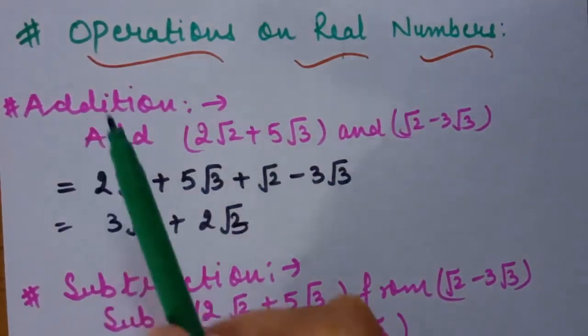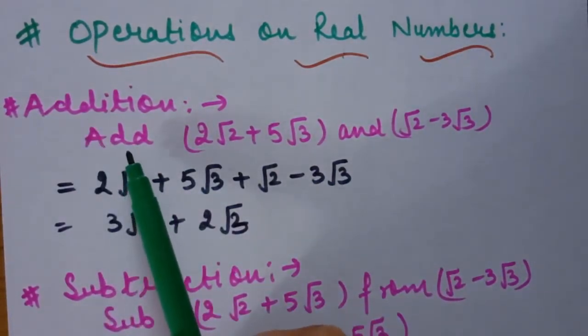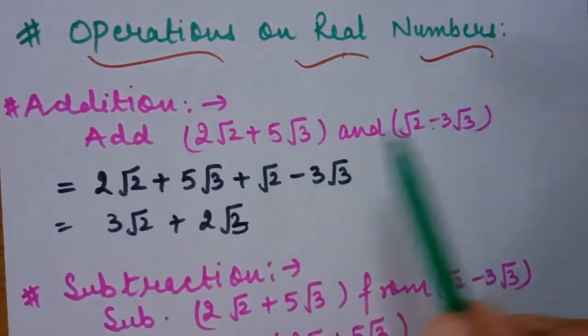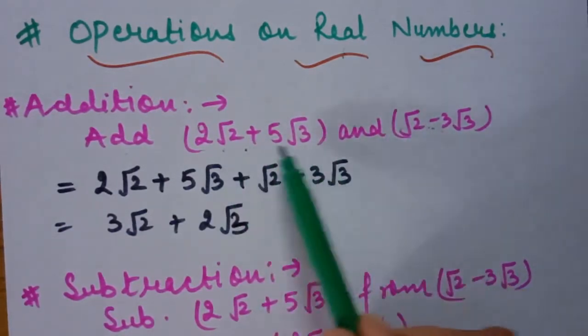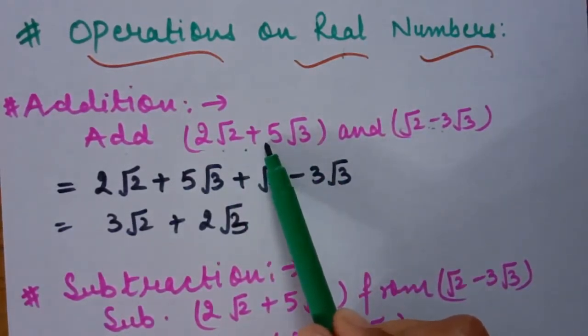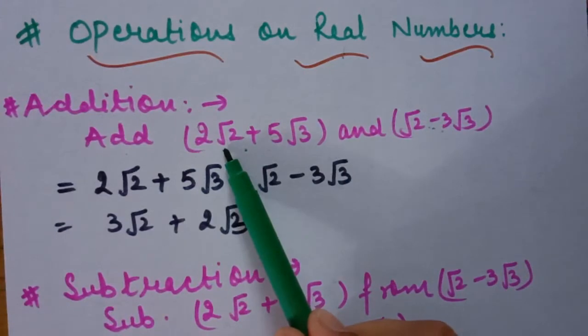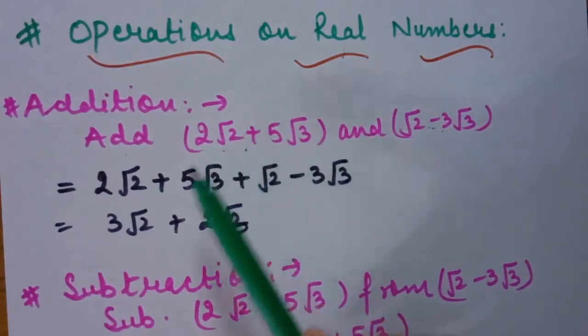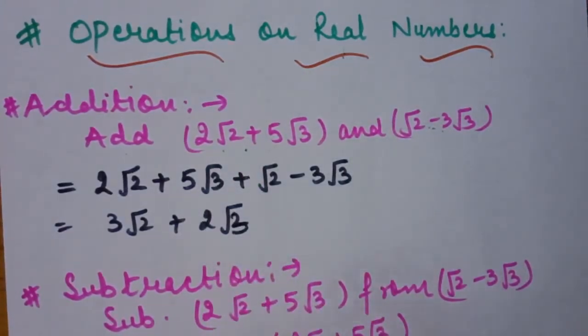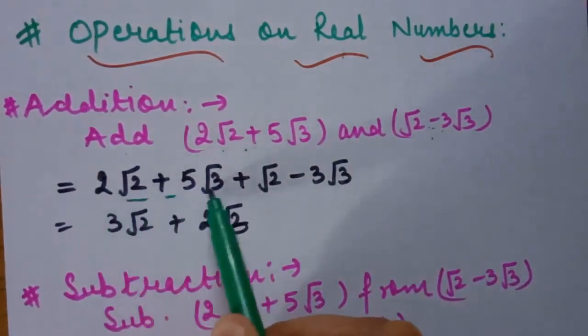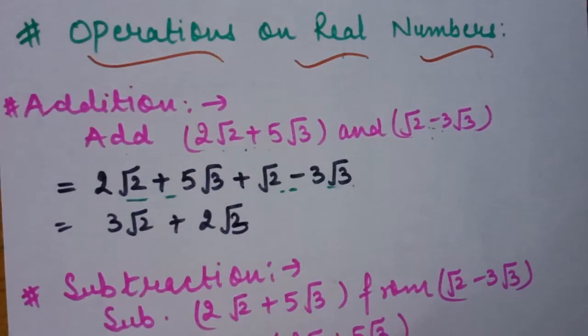The first operation is addition. In this addition, we will take one question. Add these two algebraic expressions, which are a combination of rational and irrational numbers with mathematical operations. We will write it like this: add the first bracket to the second bracket.